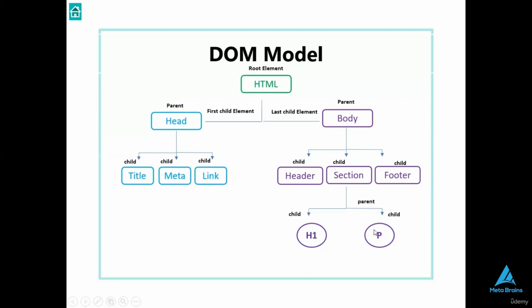In a similar manner, if we write any tags in the header tag, it would become the parent, but it will remain a child of the body tag. So this is how the DOM model works basically. And yeah, so that's the basic understanding and structure of the DOM model. Alright, and now on to the next lecture.